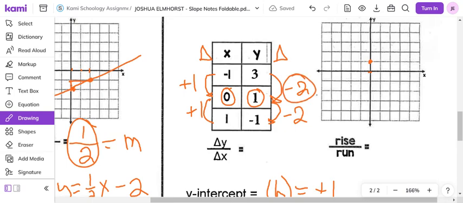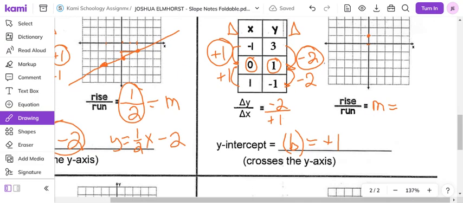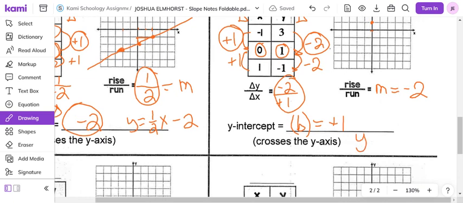So we have the change in y and the change in x. So -2 over 1. Rise over run is going to be the slope, and that's represented by the letter m. And -2 over 1 is just going to be -2. Now we just put those together. We have y equals -2x, and then the line starts out at 1.